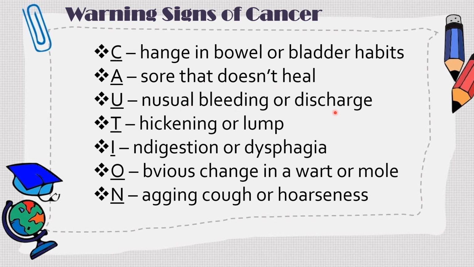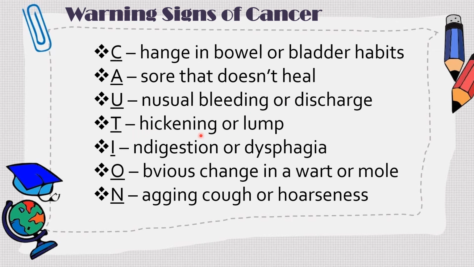Unusual bleeding or discharge kahit hindi naman time, or di ba once in a month lang tayo nagkakaroon ng menstruation. Okay, baka nagkaroon ka ng twice a month na bleeding or more than 7 days a week na sobrang puno ang iyong pads.